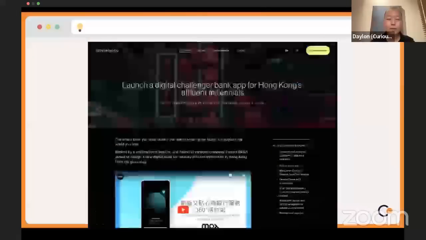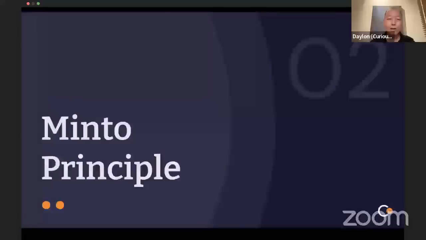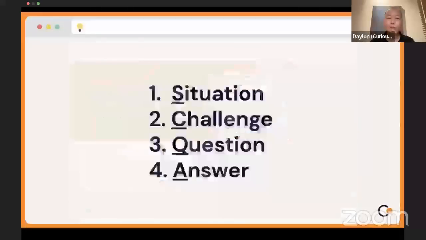as I mentioned to you, I ask my students to present using the SCQA framework because it's the easiest to describe. You're giving context, you're talking about the problems, and then you start to raise a question, and then you solve the question. So there's a very natural storytelling flow to it.